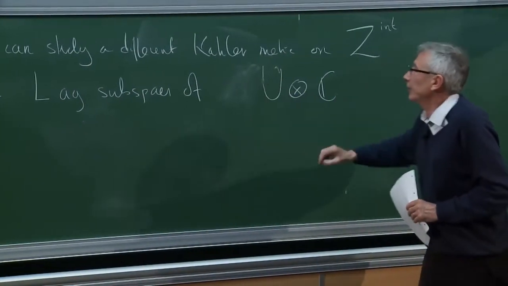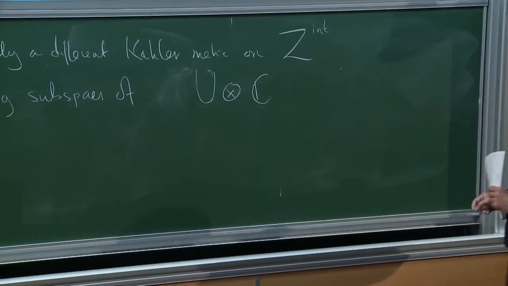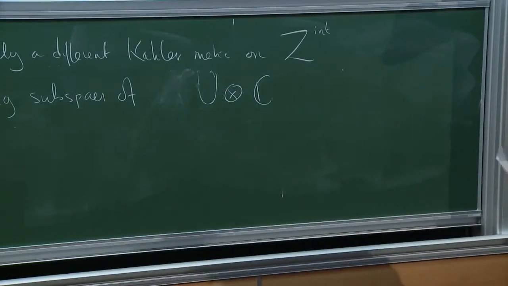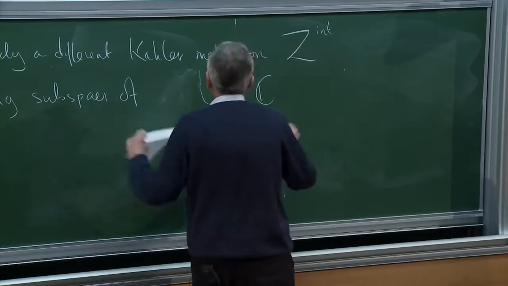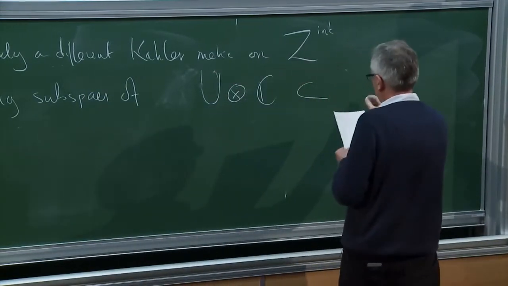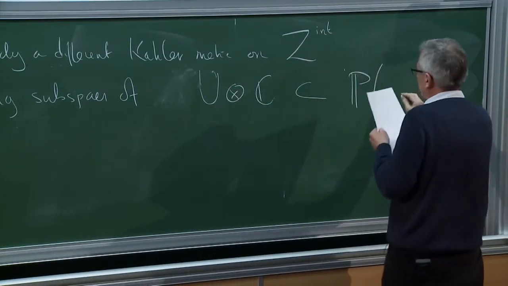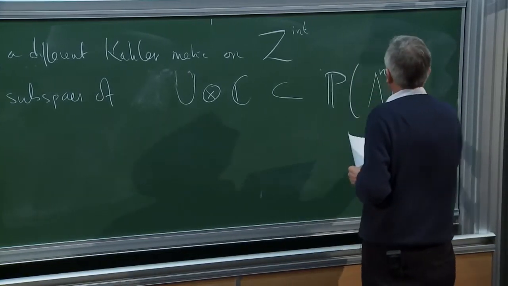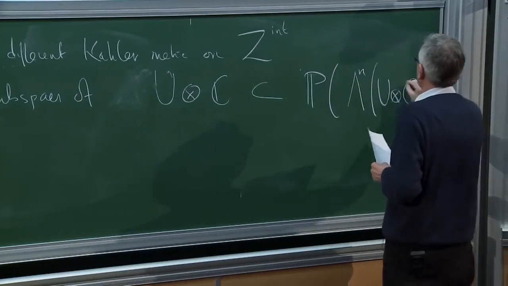What we fix on, say the 1,0 space, is a Lagrangian subspace, which can be identified by the Plücker embedding in the projectivization of the middle exterior power.